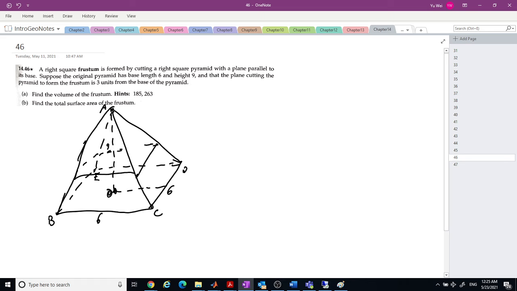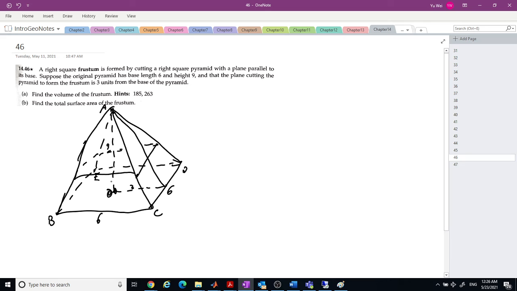So find the volume of the first room. Find the total. Okay, now let's solve this. We know this is the 3, right? This is the 9, right?